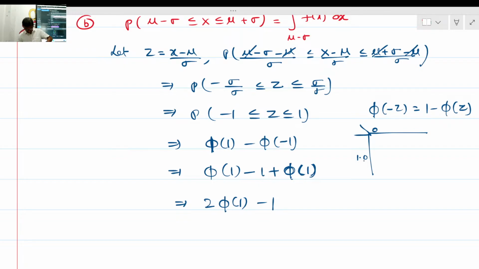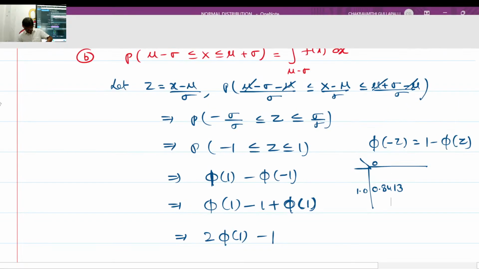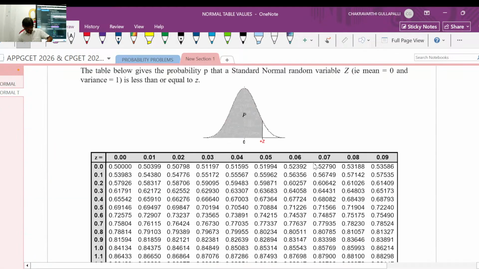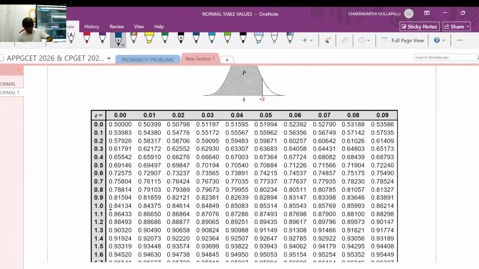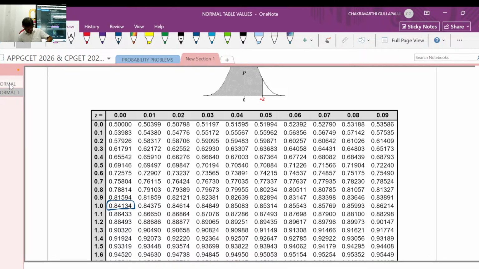Looking up like a logarithm table, the 1.00 value is 0.8413. Go to the normal distribution table values: 1.0 under 0, the value is 0.8413, up to 4 decimals. You do not need 5 places, only up to 4 places is enough.